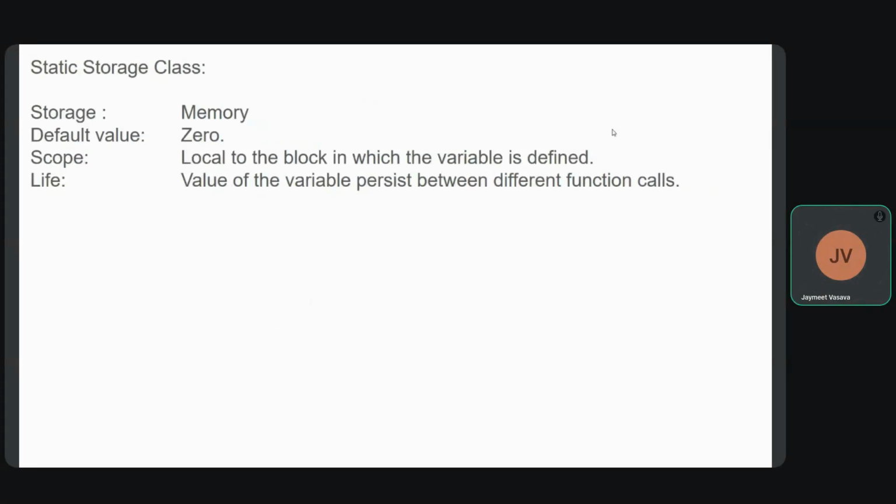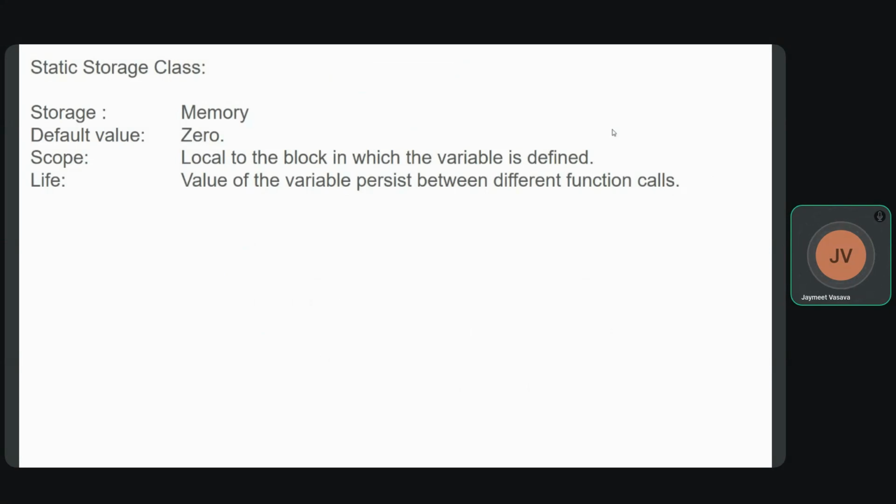Next is the static storage class. The storage location is memory. The default value is 0, not a garbage value as compared to the previous ones. The scope is local to the block in which the variable is defined. The life is that the value of the variable persists between different function calls.